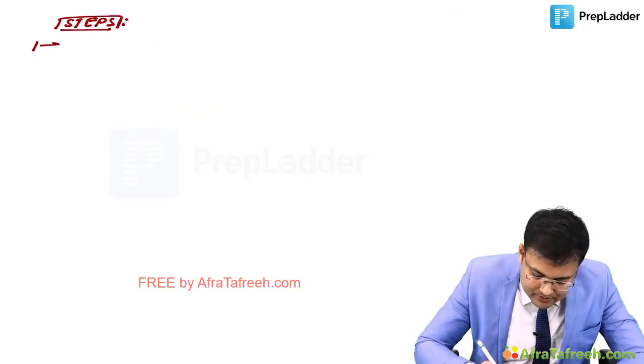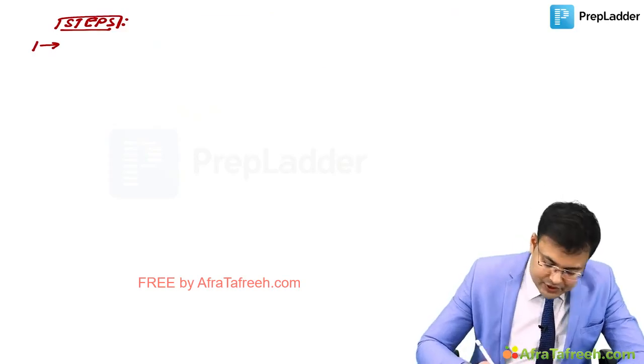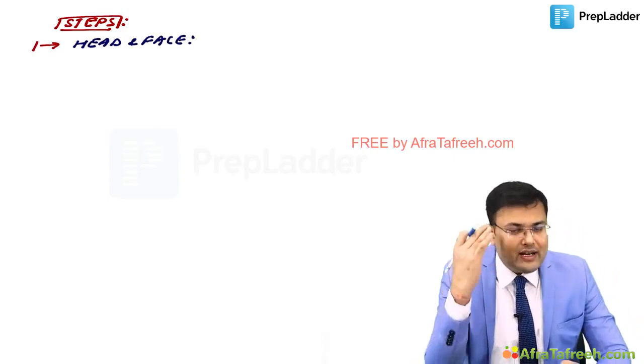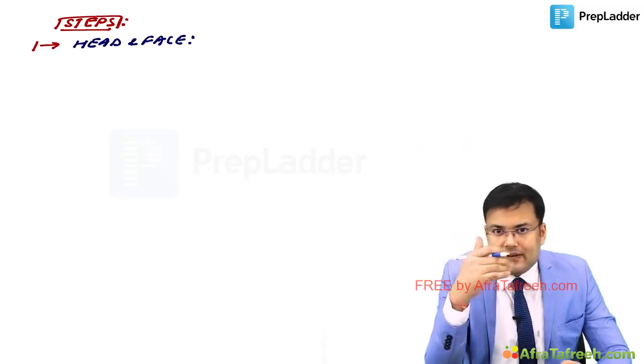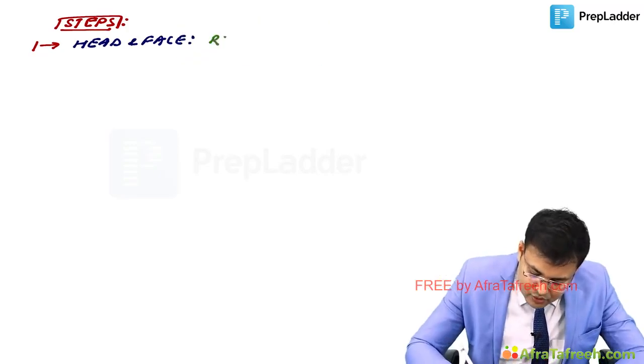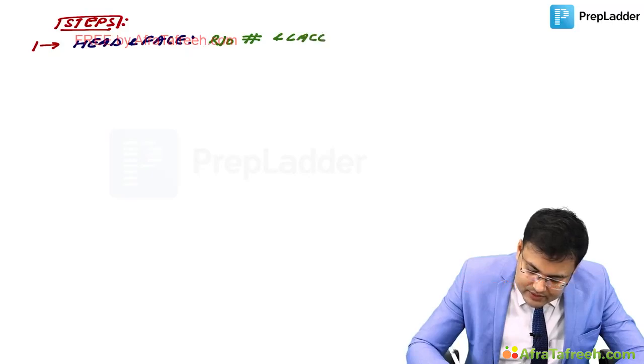So first step is the examination of head and face. Clear? So what are we supposed to look for in head and face? In head, skull fracture, and in face, laceration. So we want to rule out fracture and laceration.